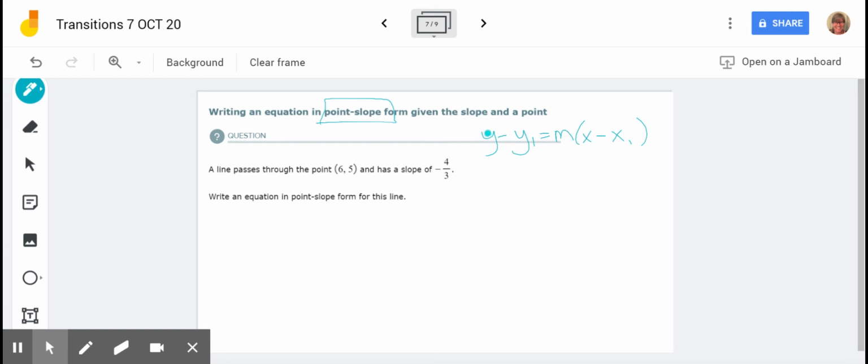So x and y in this case do not change. You never substitute in x and y. This is called the point slope formula.